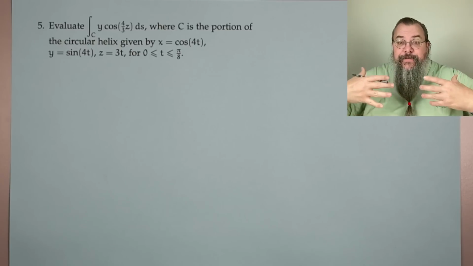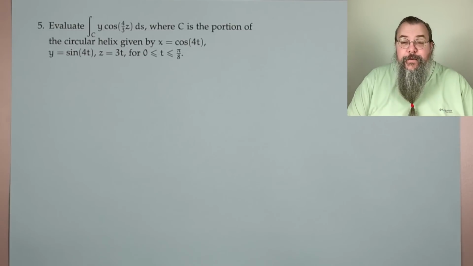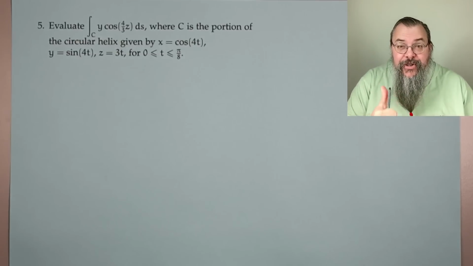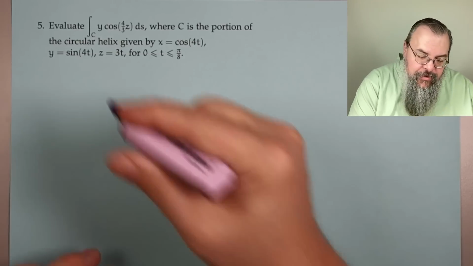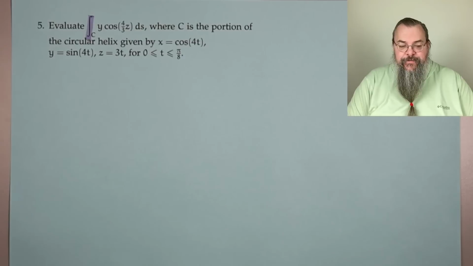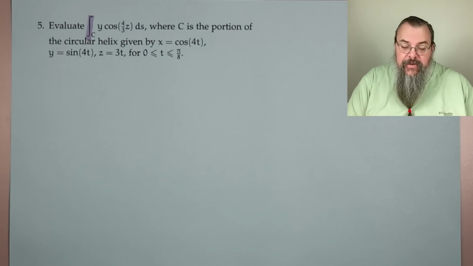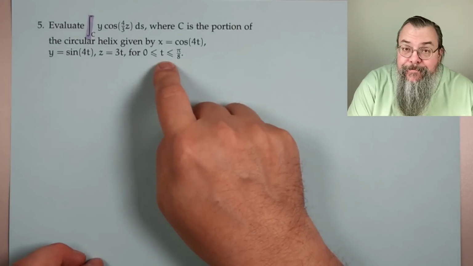Whenever we have a curve, even though it looks like there are multiple variables involved, we know it's a one-dimensional integral. How do we know that? Because we can count. We see one integral sign. So it's a 1D integral, which means ultimately we're going to get it down to a single variable, and that variable is t.